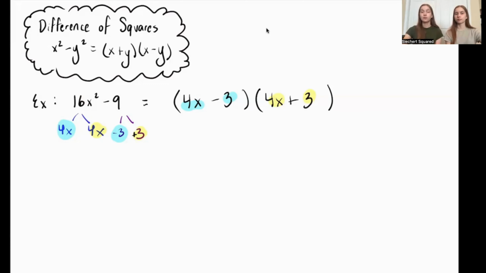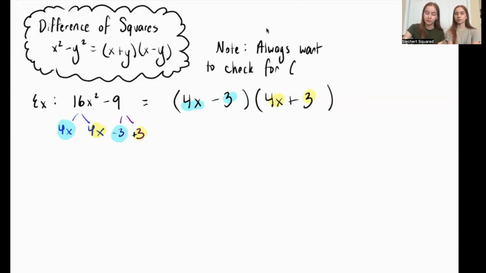Now, a very important note that I want to make for factoring in general, and this is going to go for pretty much every single type of factoring that you're ever going to see: you always want to check for a GCF. A GCF is the greatest common factor.